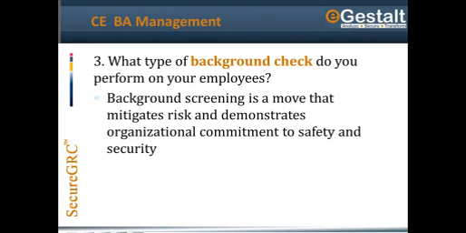Background screening is a move that essentially mitigates that risk, so that they are trustworthy, and so that you are able to train these employees and demonstrate performance to the adequate standards that HIPAA HITECH training requires.